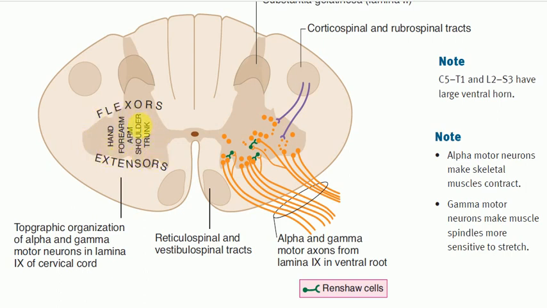This is the topography, as well as the types of muscles. The flexors are present more dorsally, and the extensors are present more ventrally. So this is the topography and distribution of the location of the alpha motor neurons inside the ventral horn.